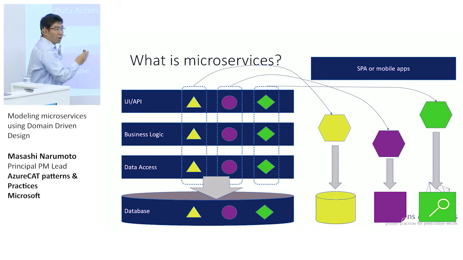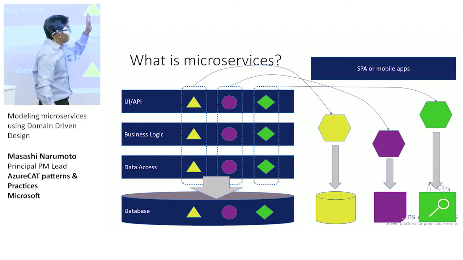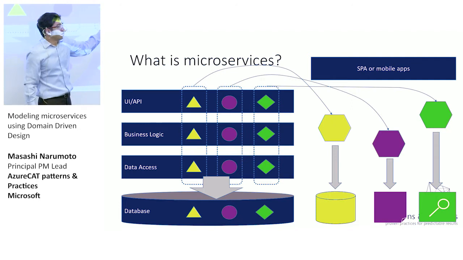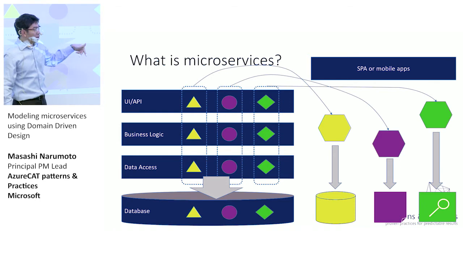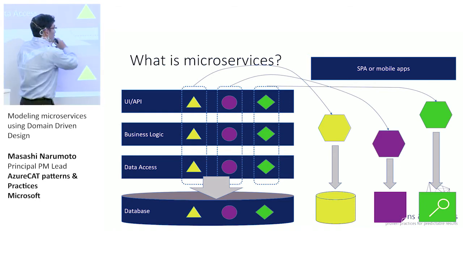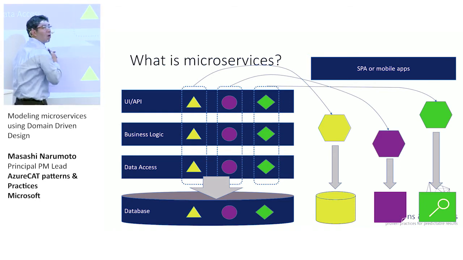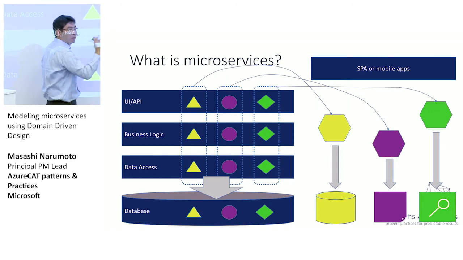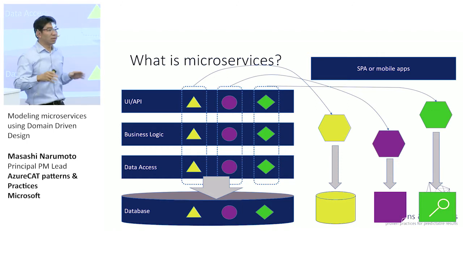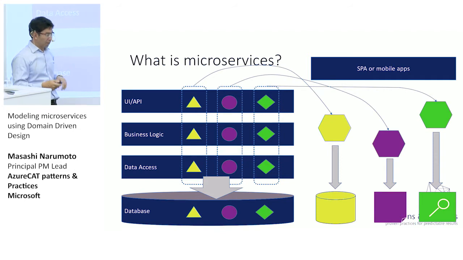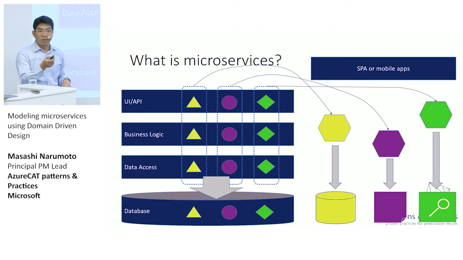So we have to forget about this. Each of those microservices may have some horizontal layering inside, but let's not create the common data access layer as a microservice and share that service with lots of folks. That's the wrong mindset. Any questions so far?